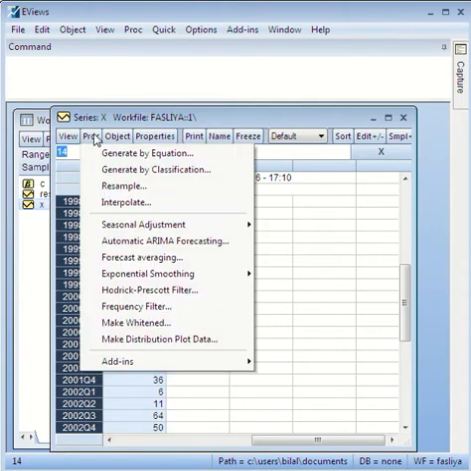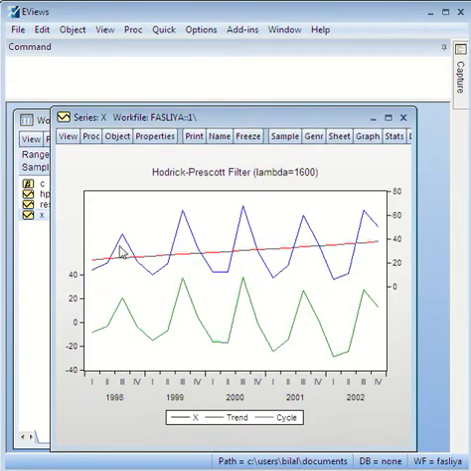Firstly, we make the filter to detect if there is or there is not a seasonal component in our series. This is the filter.